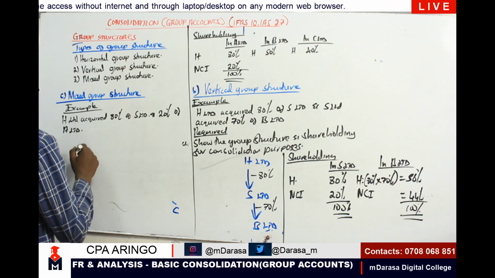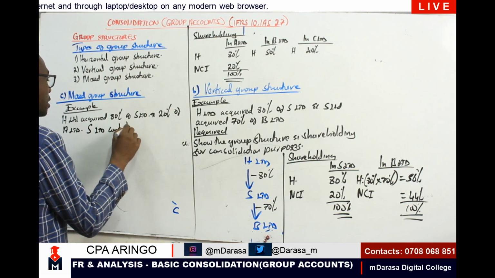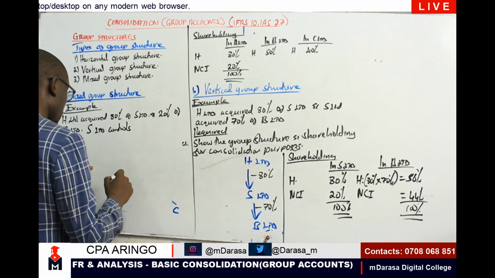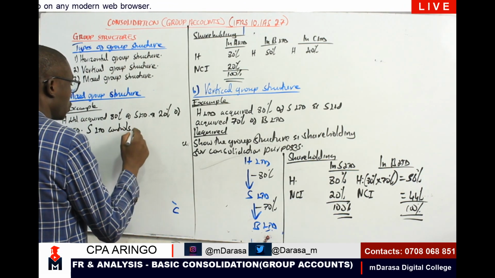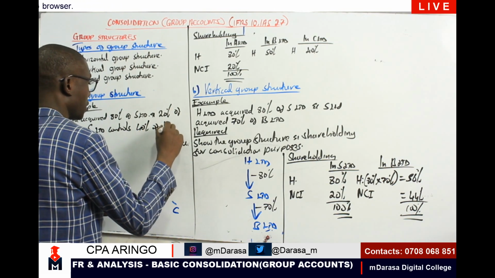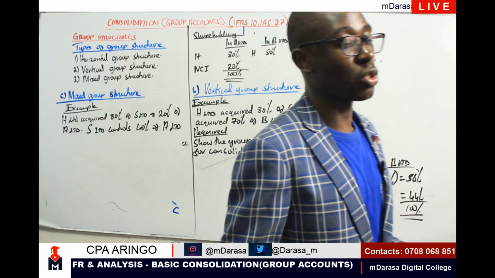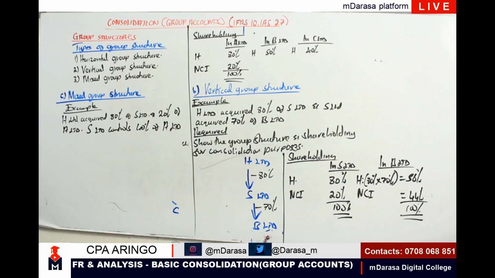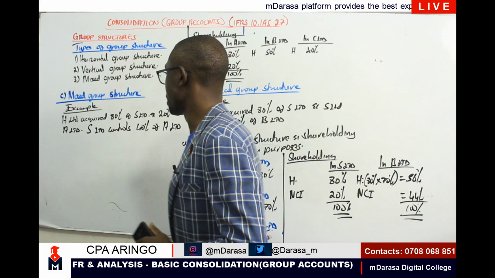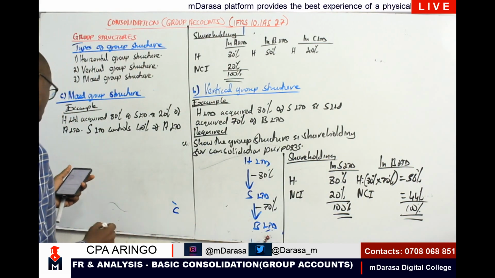Then at this point we are also told that S Limited acquired control of 40% of A Limited. So in this context, we are having direct control in A Limited. Both the holding or parent company and the subsidiary have control over A Limited.